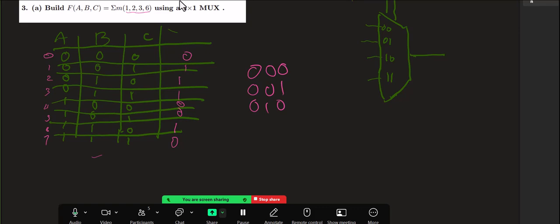What I want to do now is compare these. No, I just want to look for a pattern.